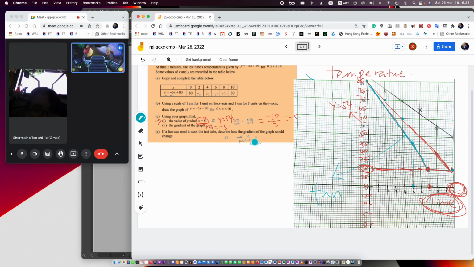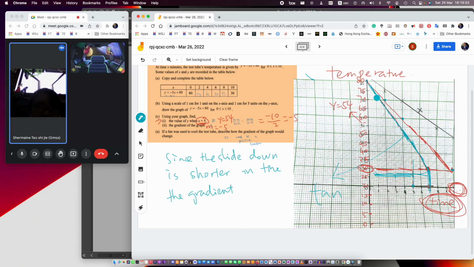They ask, describe how the gradient of the graph would change. Since the slide down is shorter in time, you see, only 7 minutes here to here, what happened to the gradient?